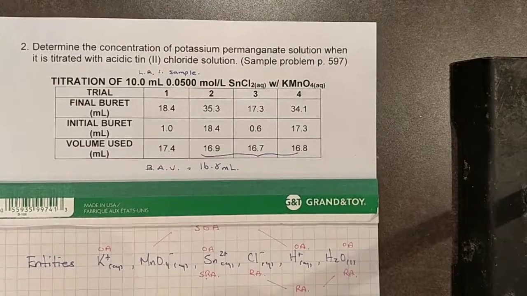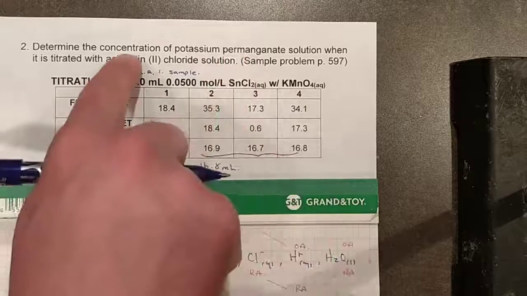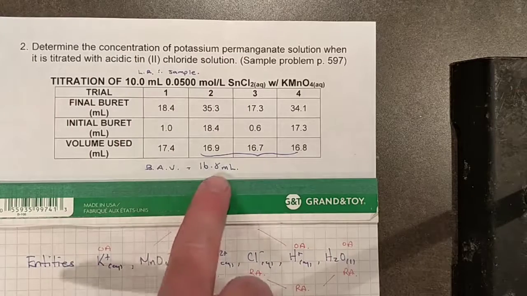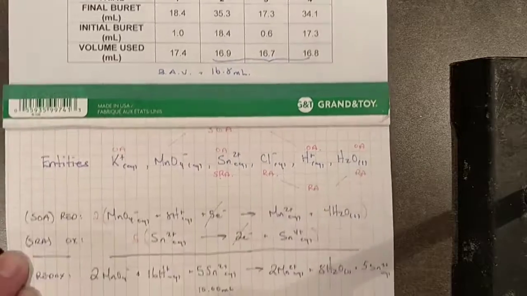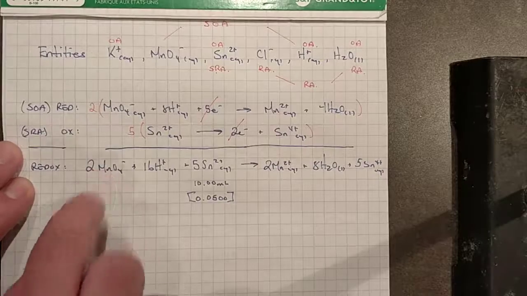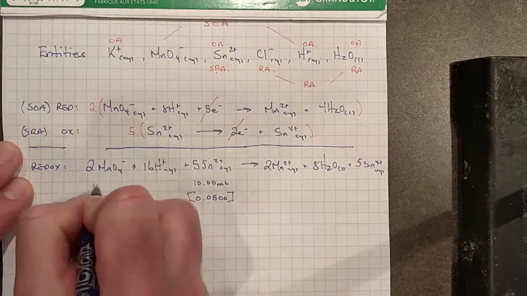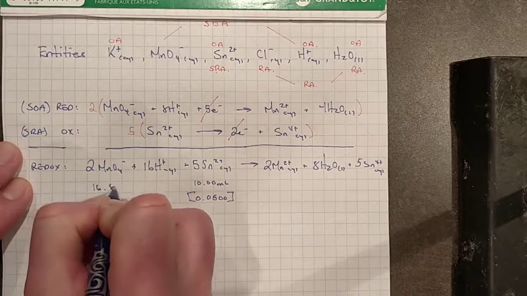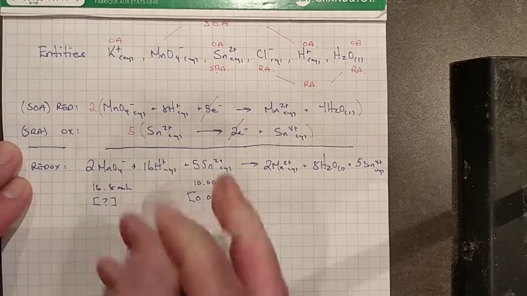Let's look at our excess reagent now. We were trying to figure out a few things. We were looking for the concentration of our potassium permanganate, and we know that it took on average 16.8 mL to do this. So we find out again potassium was a spectator, it did not play a role, so we still apply this to our permanganate, and so you have 16.8 mL, and we are looking for this concentration.